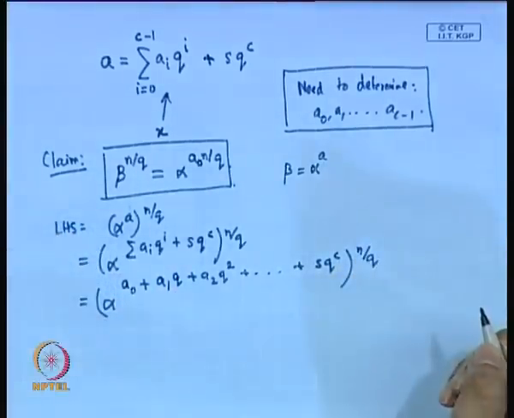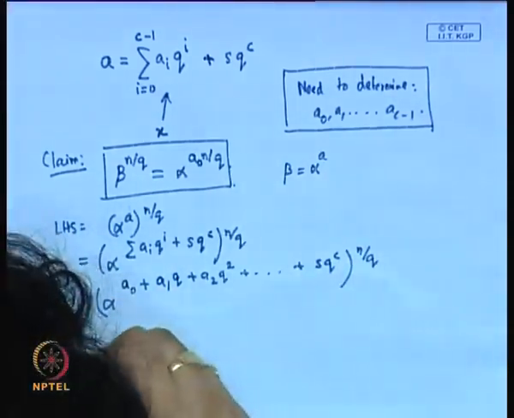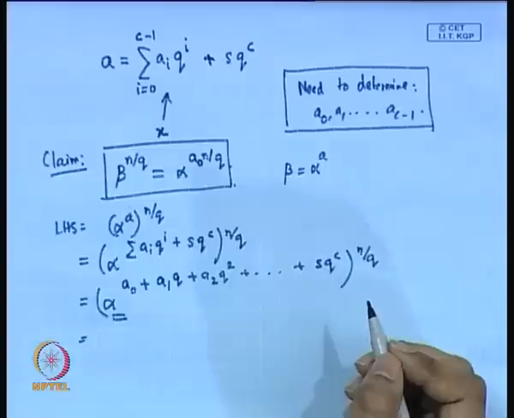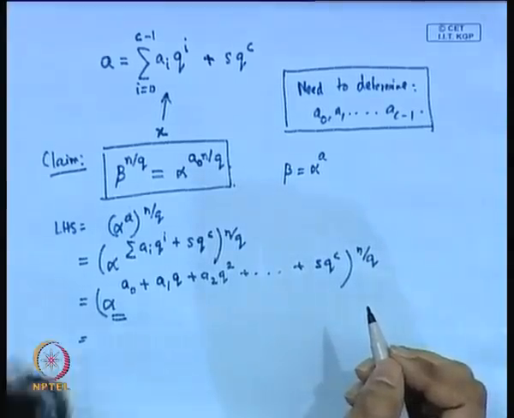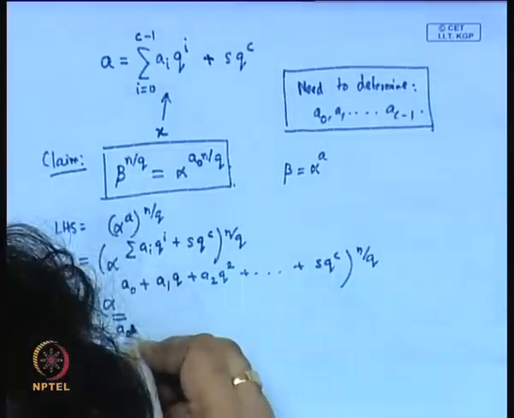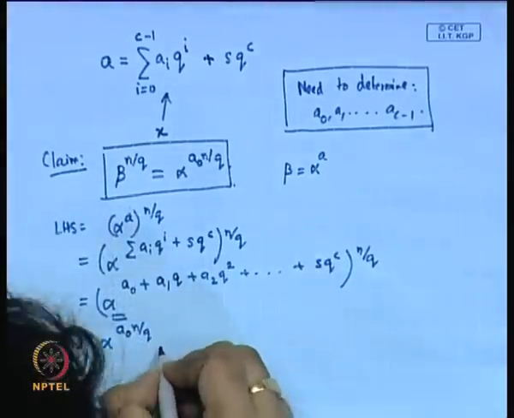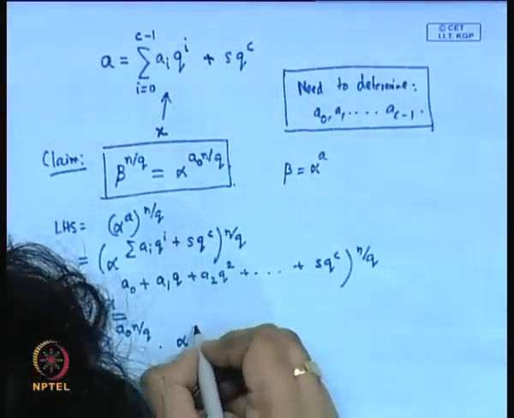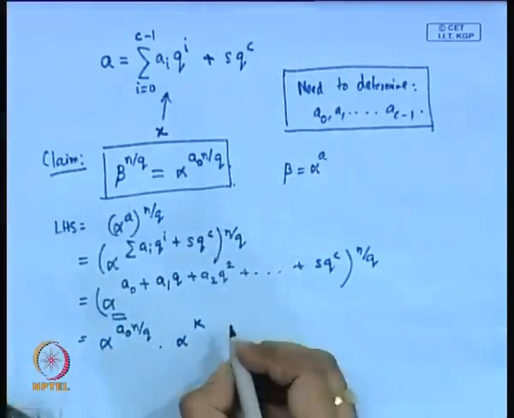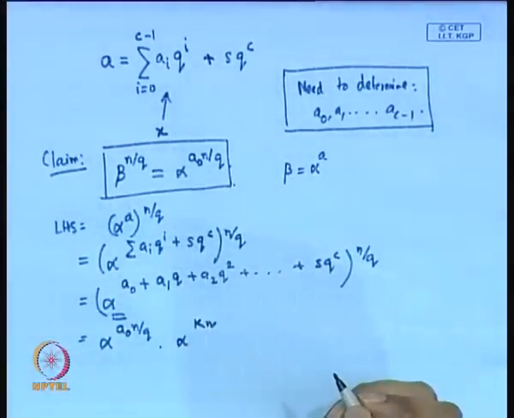You note that apart from the first term, all the other terms have a factor of q in the exponent. So therefore this will be like alpha power of a0 whole power of n by q, multiplied with alpha raised to some constant times n.